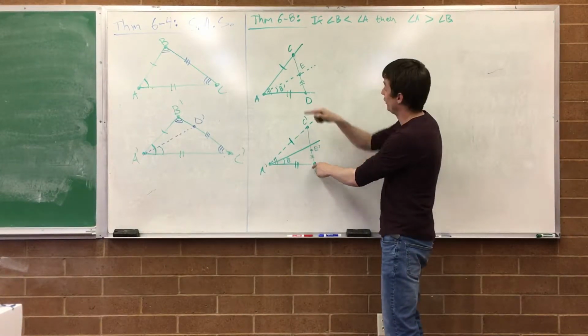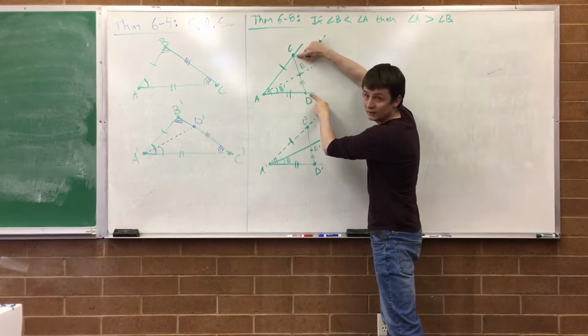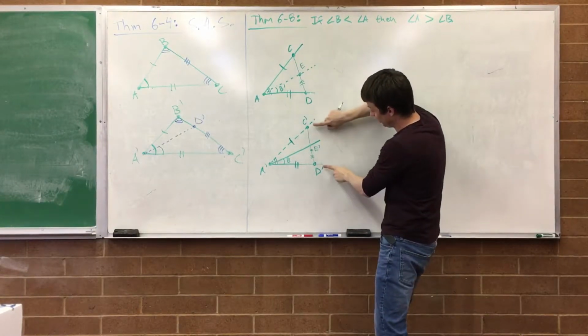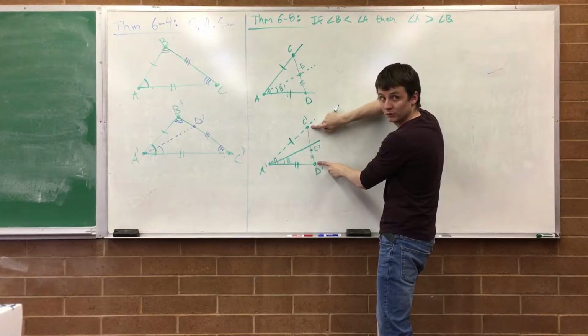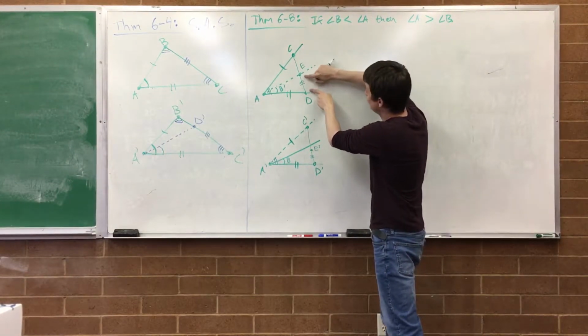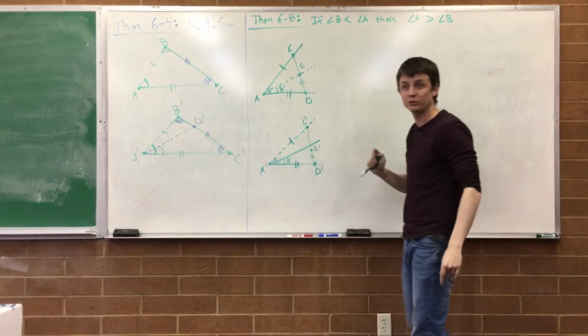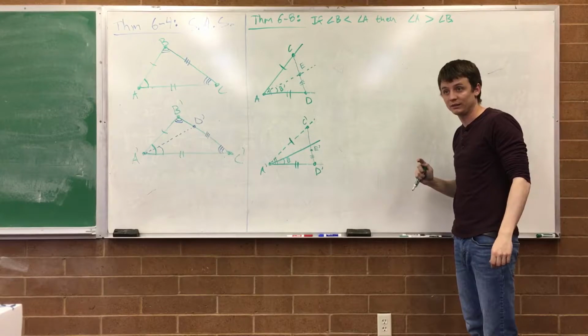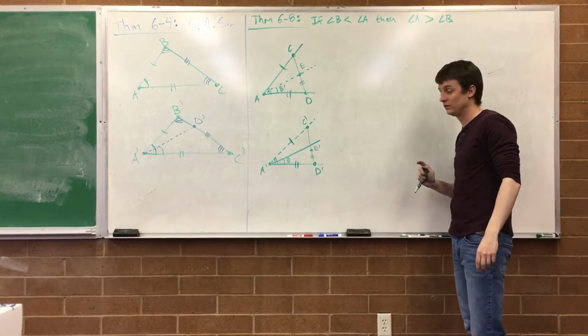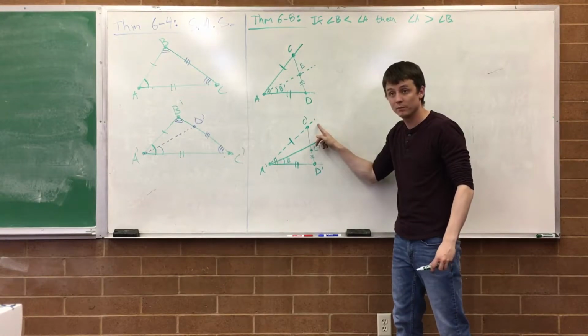And the reason is we know that DE is less than DC, which is congruent to D prime C prime. So since this is congruent to this, and this is less than this, then this is less than this, and therefore E prime is between them. Does that make sense? Yeah. Okay, so now we know that E prime is between them.